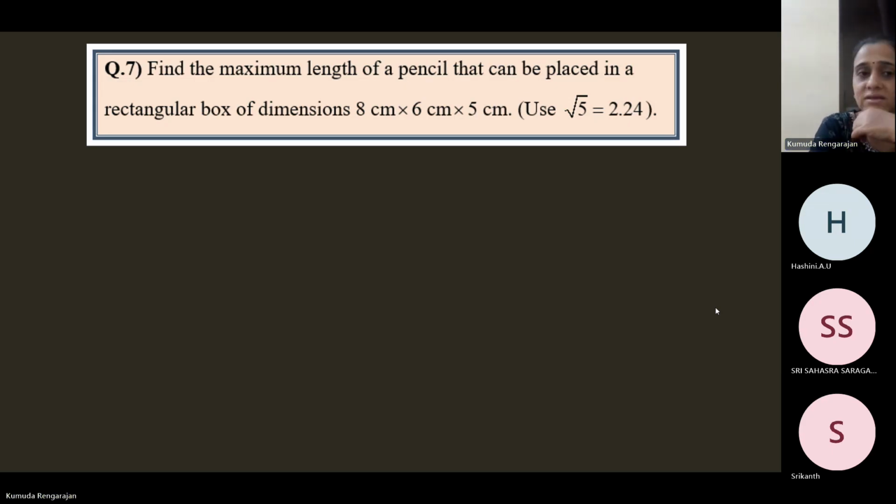Correct? Rectangular box is the cuboid. And which is the longest line segment in the cuboid? Diagonal. So the maximum length of the pencil will be the length of the diagonal. Fine.